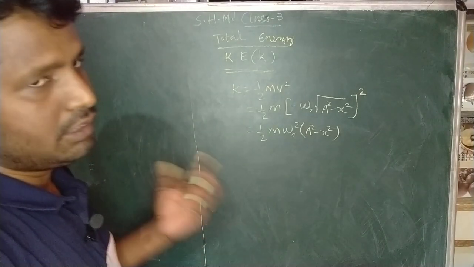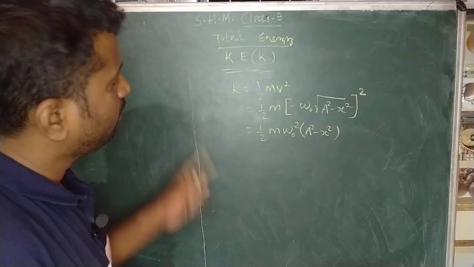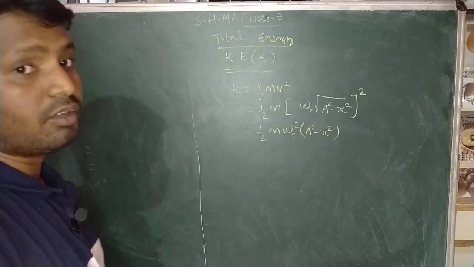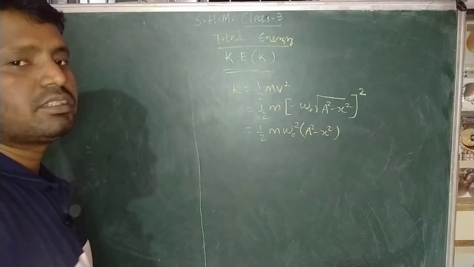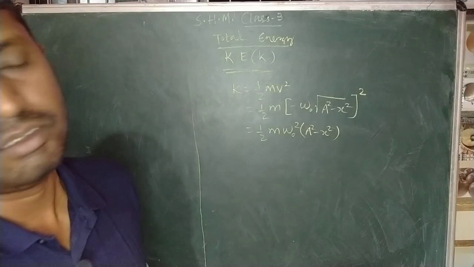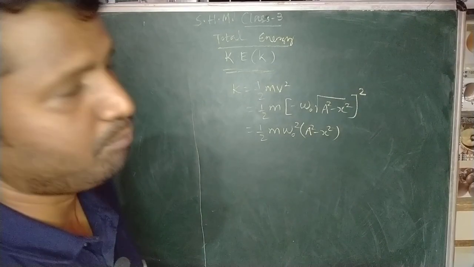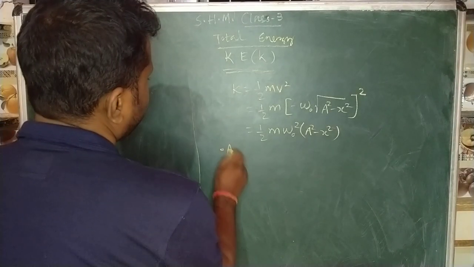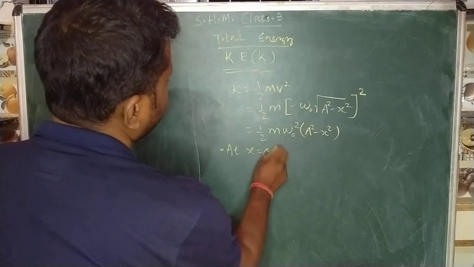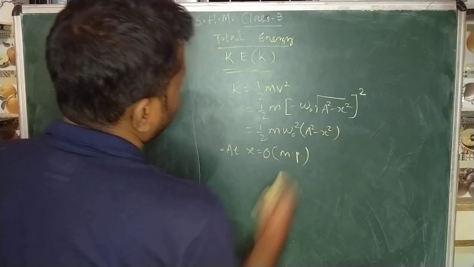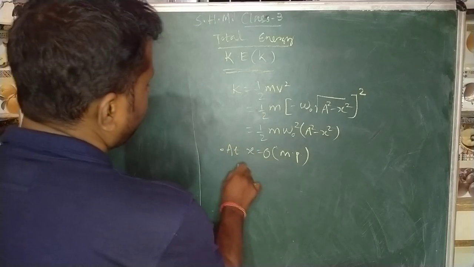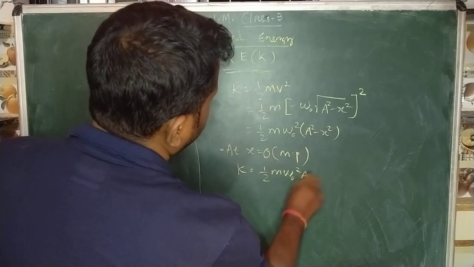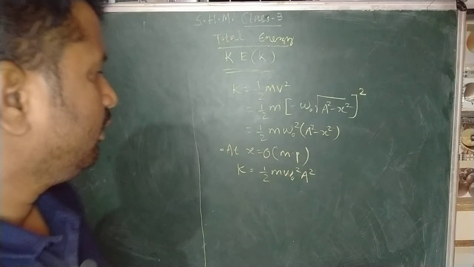You can locate the positions where kinetic energy will be maximum, the positions where it will be minimum, and also the positions where the value is in between. Let's find maximum and minimum. At x equal to 0, the mean position, what will kinetic energy K be? Half m omega naught square a square.